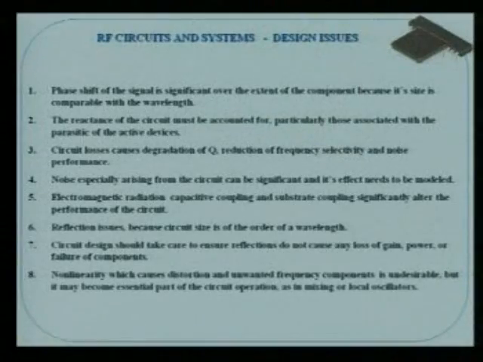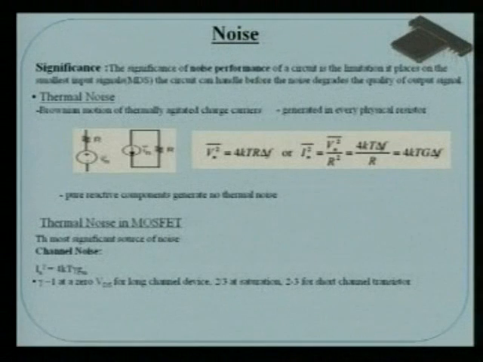The output is the difference of these two signals, omega 1 minus omega 2, at first order approximation. So you are using the nonlinear property for making circuits, namely the mixer as well as the oscillators. So this is more or less the first part of my lectures, which tells you the very basics of RFIC design.